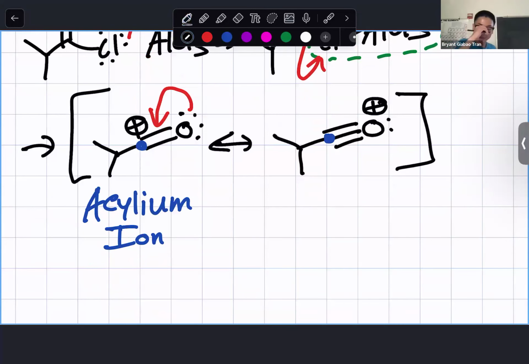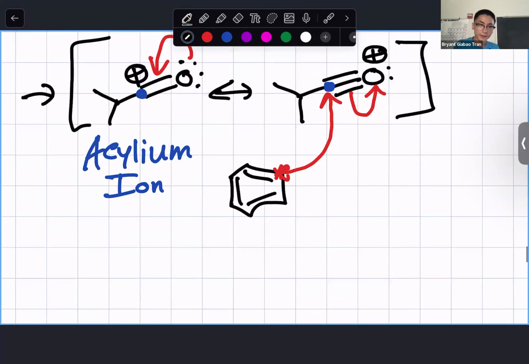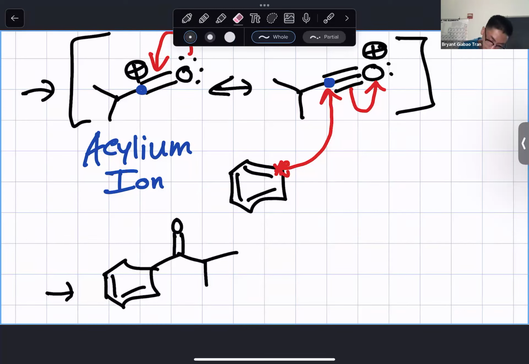Now let's bring in our benzene ring nucleophile and do the same EAS reaction. We choose one carbon to attack that electrophile and move one of the bonds of the triple bond onto the oxygen. When that happens, we get this: no more double bond there because we used that to make a bond there, and a positive charge here.